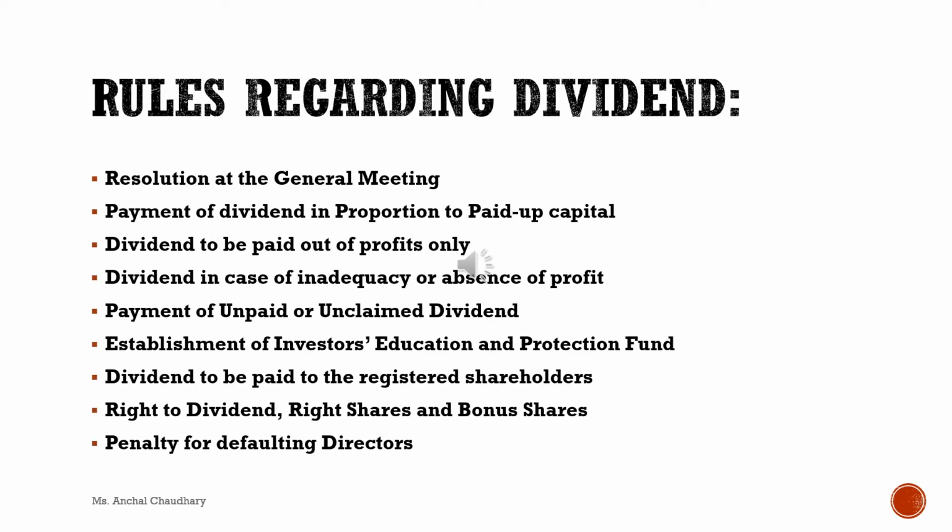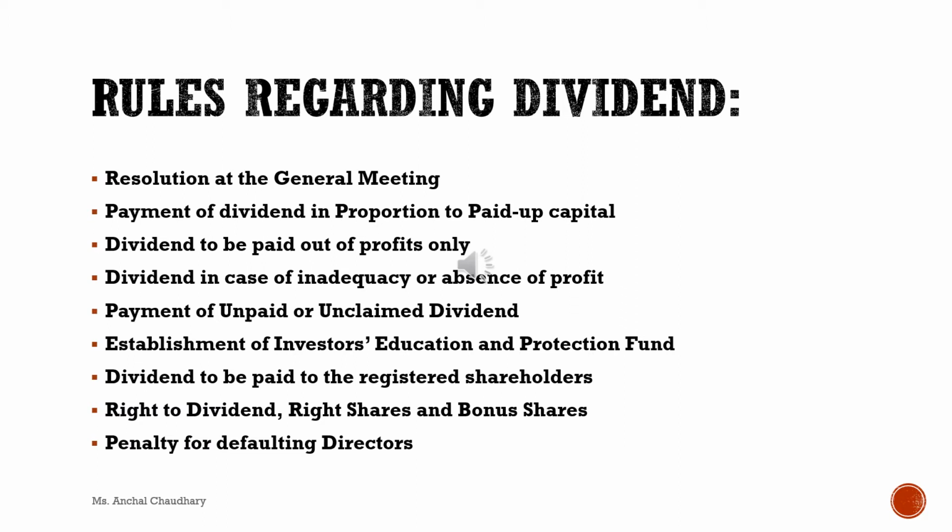Now, rules regarding dividend. These rules are made to protect the interest of the company's shareholders so that they will receive the dividends regularly and accordingly. The first rule is resolution at the general meeting. The amount of dividend and the rate at which it should be paid are decided by the board of directors.